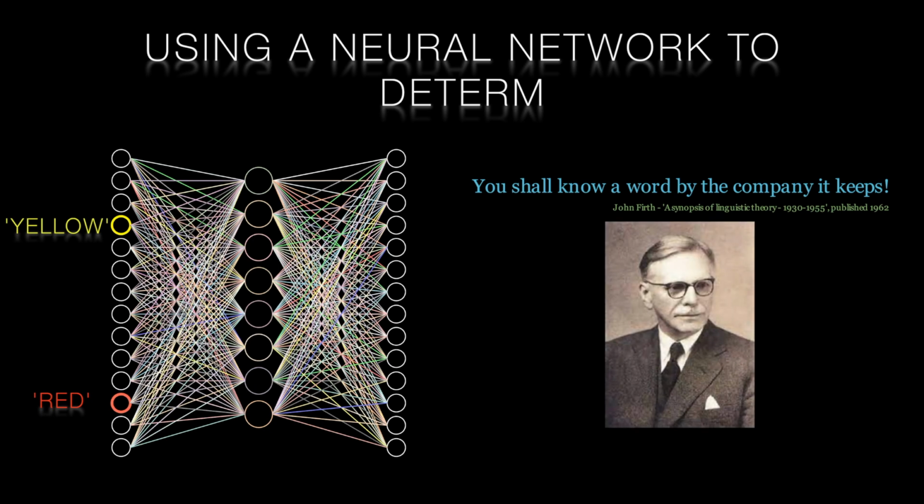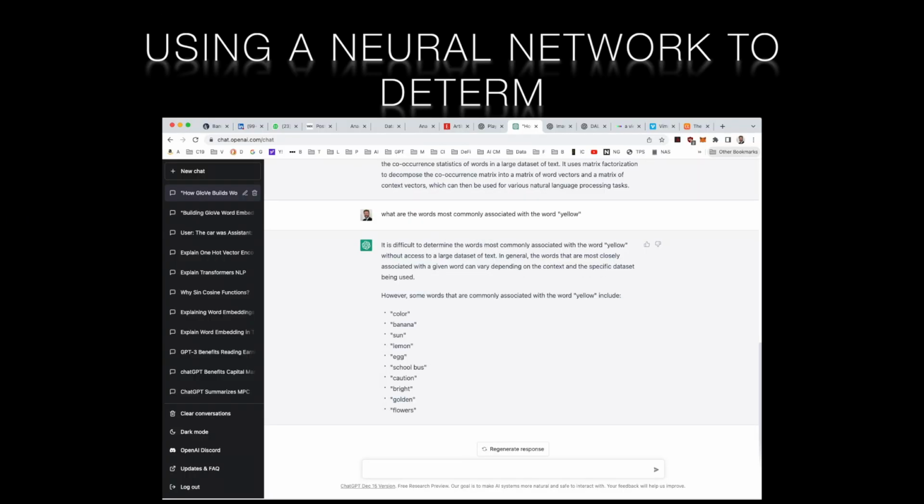Red will appear many times surrounded by the same words as yellow. The weights, of course, won't be identical. We'd expect red to be more closely associated with words like blood and devil, while yellow will have close associations with words like banana and lemon, at least as far as the ever increasingly passive-aggressive ChatGPT is concerned.